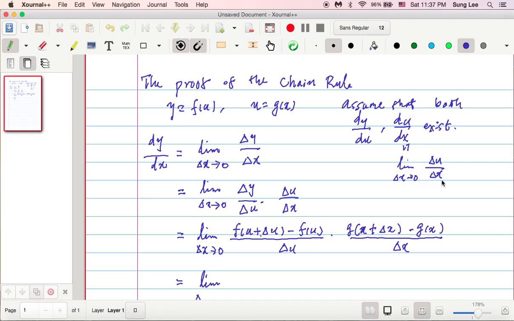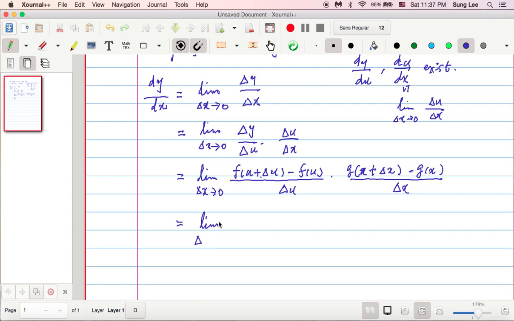So in order for this to exist, when delta x goes to 0, delta u must go to 0 also. It's gotta be a 0 over 0 type indeterminate form, so that the limit value can exist.